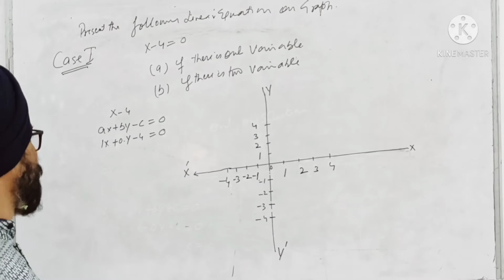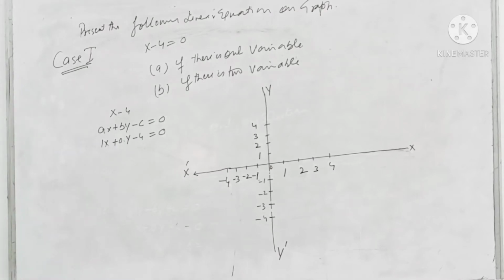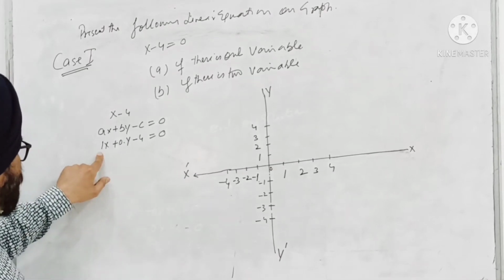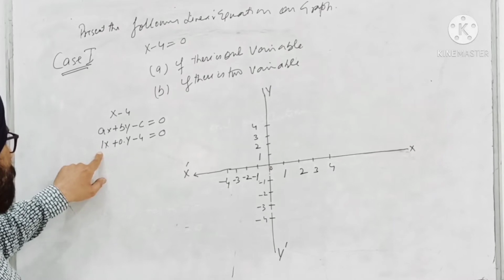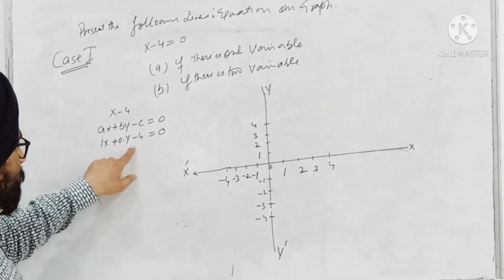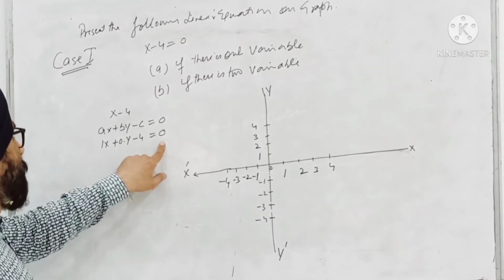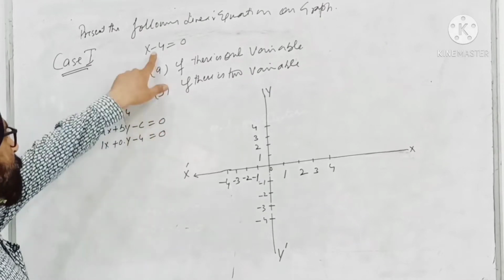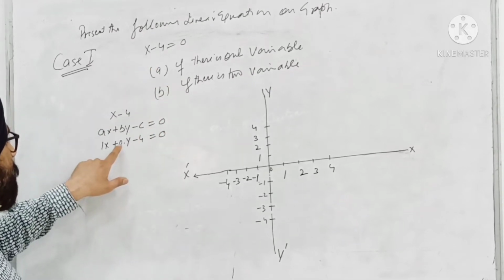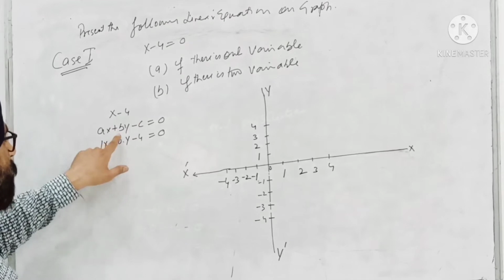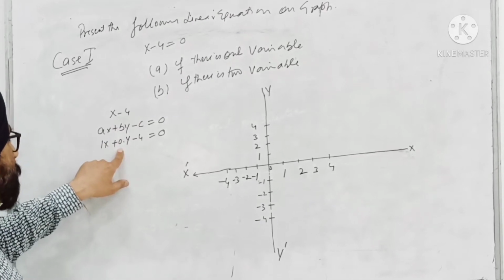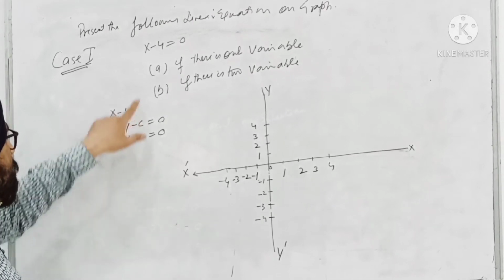On this graph, 1x plus 0y minus 4 is equal to 0. Here the y is not given and the value of b is not given, we will change it to 0. C is minus 4.